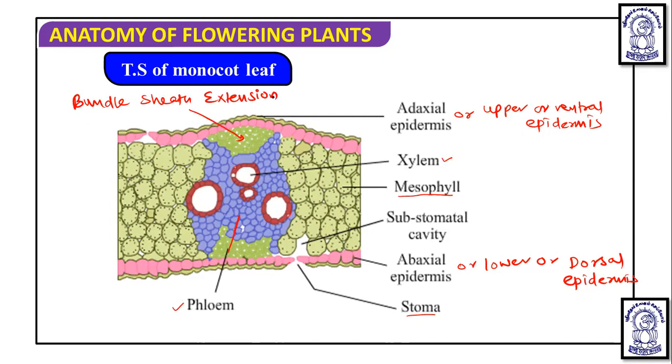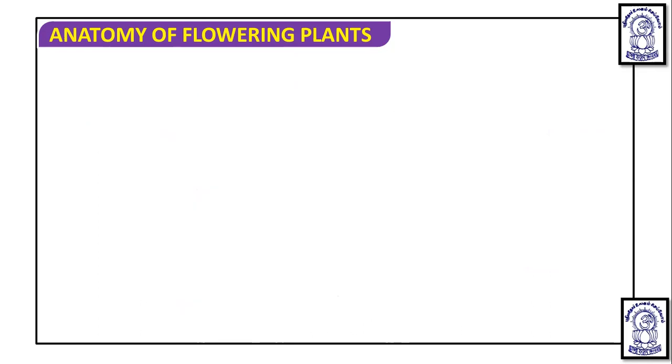Okay, so this way the cells are present. Now this is the anatomy which you can observe by taking a transverse section. But what are the important points which we can understand from this and note down? So let's note it down.